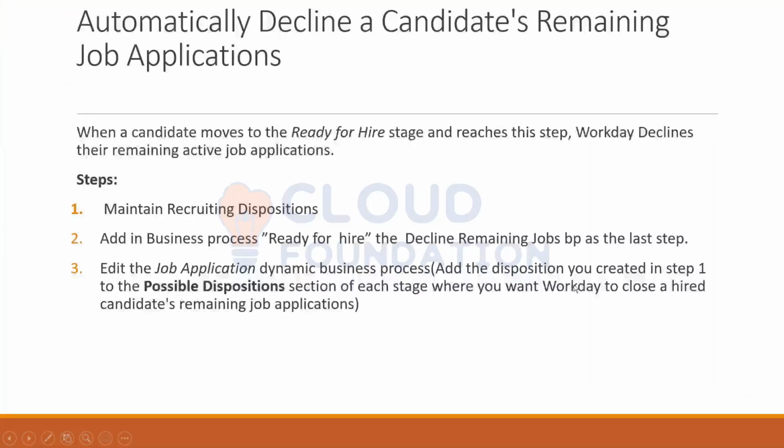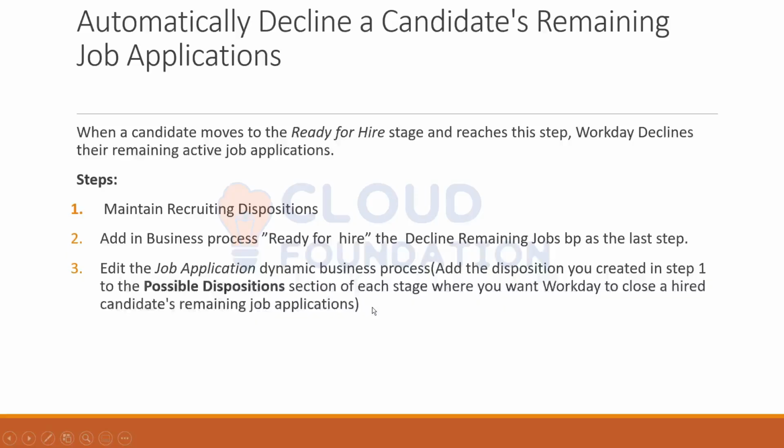The next part. So what were the steps? We first maintain recruiting disposition, then add in the ready for hire business process the decline remaining jobs BP as the last step. It has to be included as the last step always. Then add the disposition you created in step 1 to the possible disposition section of each stage where you want Workday to close a hired candidate's remaining jobs.